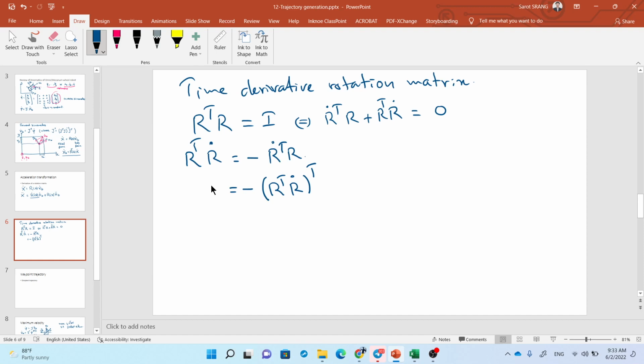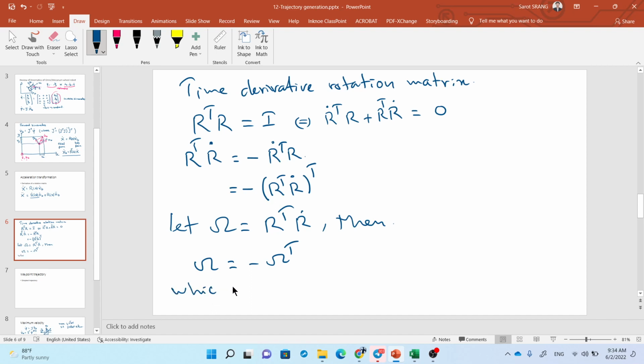If I let omega equal to R transpose R dot, then omega equal to minus omega transpose, which means omega is skew symmetric, right?